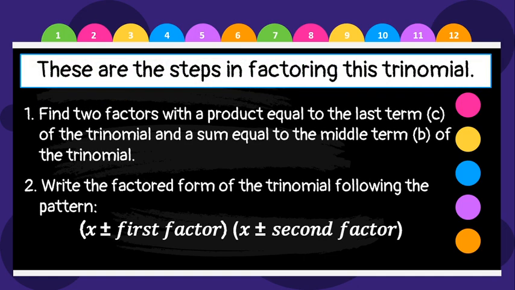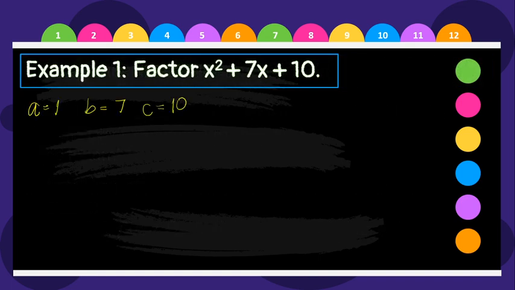As said in step number 1, we're going to find two factors with a product equal to the last term. So our last term is 10. We're going to think of the factors of 10.